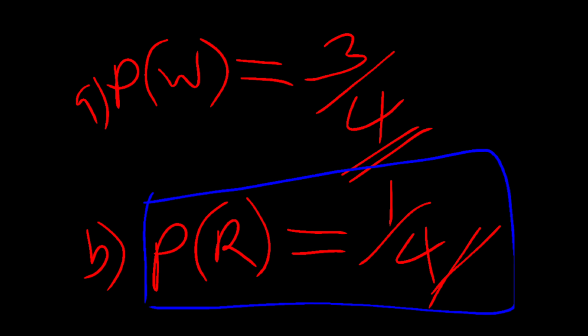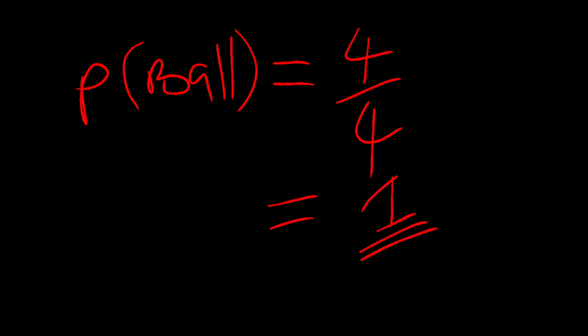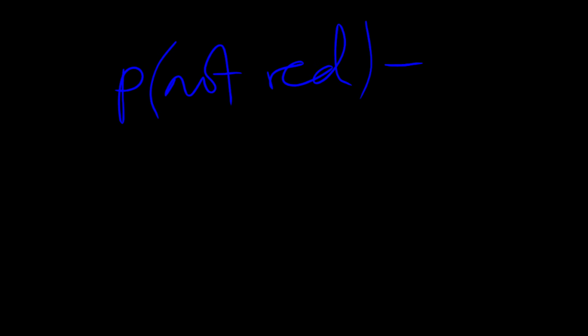So meaning that for us to know the probability of us not picking red, we are simply going to say the probability not red is equal to, what is the favorable outcome of us picking a red ball? It gave us the probability of 1 over 4, which is the probability of picking a red ball.